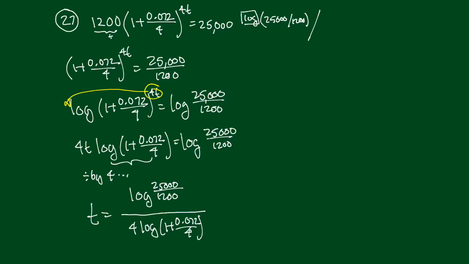So this is going to be, you know what I'm going to do here? I'm going to put it down here. So open up a set of parentheses for the denominator and then type 4. Press the log key, you get a parenthesis, and then type in 1 plus 0.072 divided by 4, close. You don't really need the 0 here. Now we need one more parenthesis to close that denominator, right?